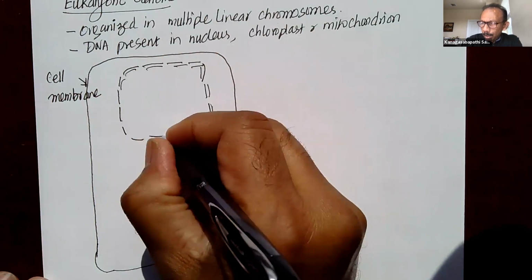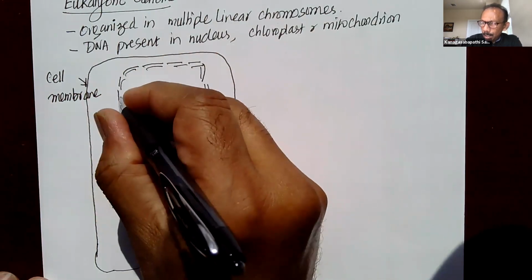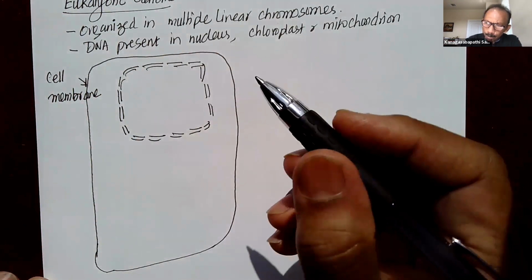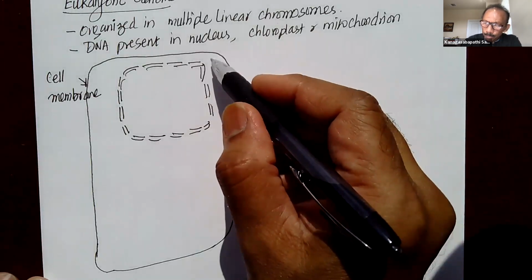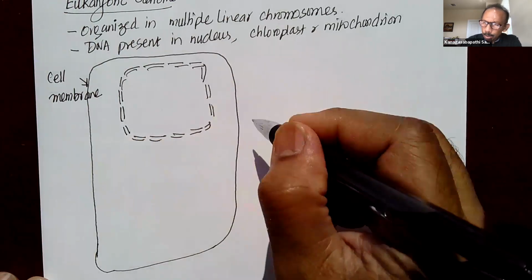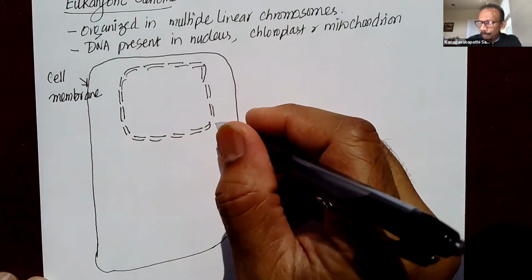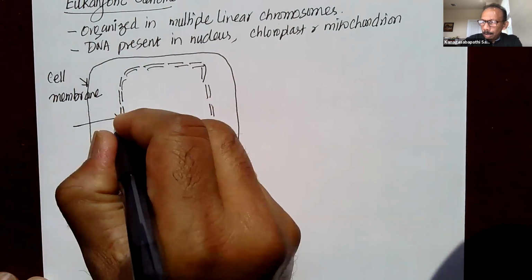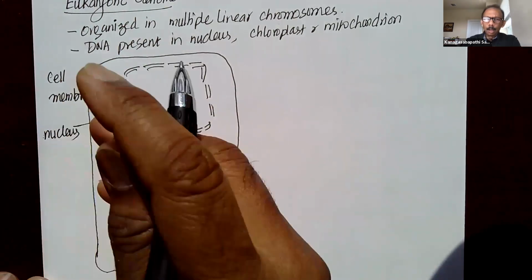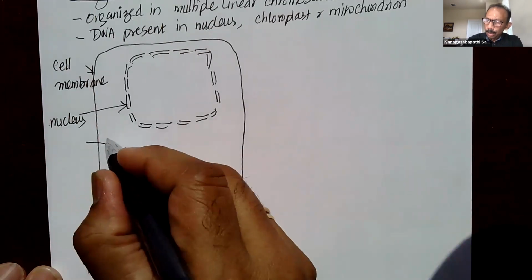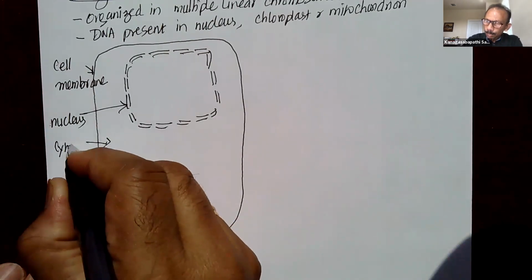And so you have to also understand these things in kind of a three-dimensional way. So you have to see how everything is present in a three-dimensional way. So that is the nucleus. And this is the cytoplasm.